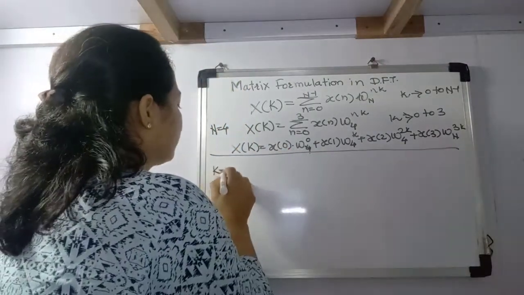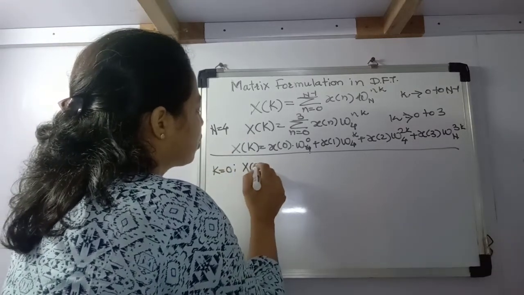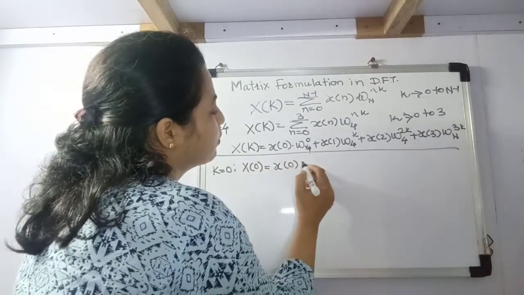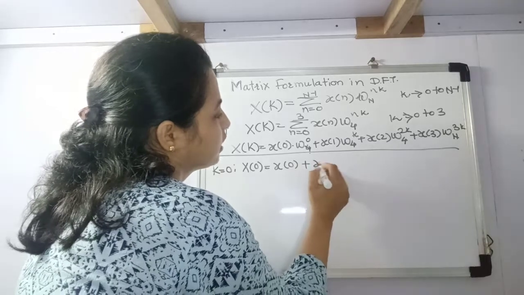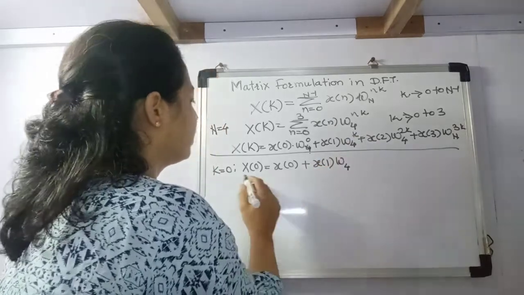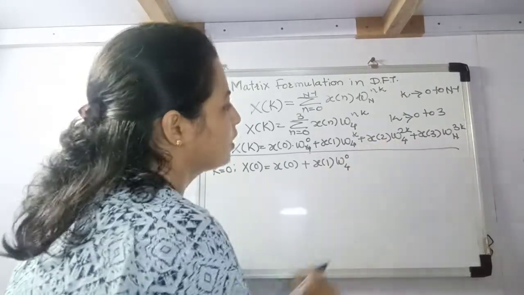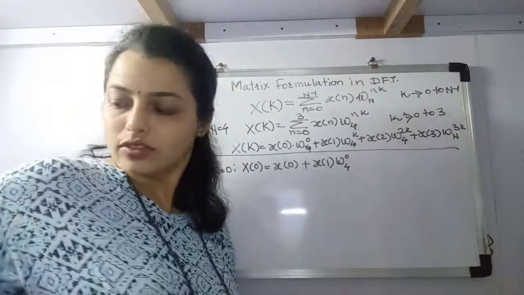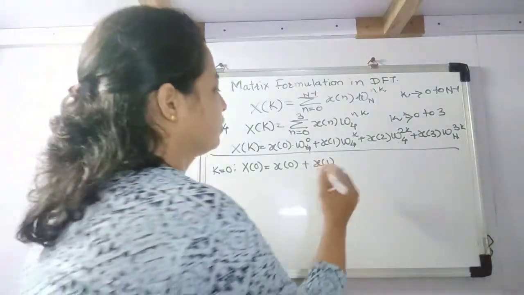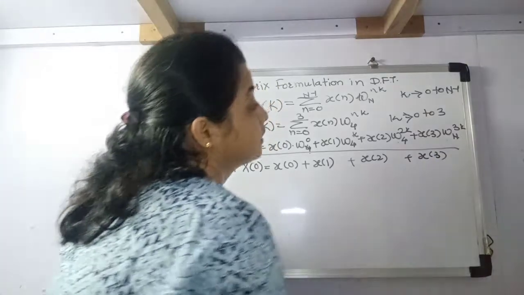For k equal to 0, what will be the equation? X of 0 is equal to x of 0 times 1, plus x of 1, and since k is equal to 0 the exponent is 0, so all these terms are going to be 1. I'll not write those terms, just 1 times x of 2 and x of 3.